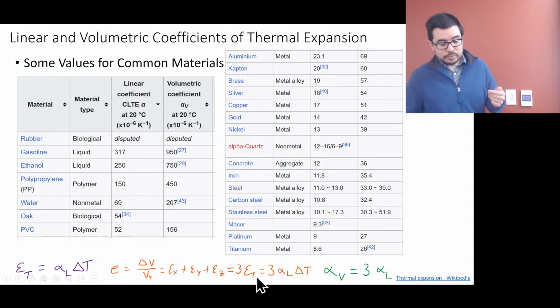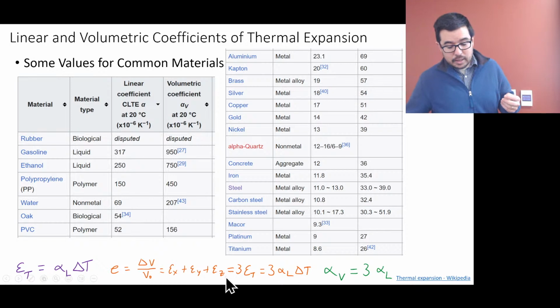What do we see? If you want to describe the volumetric change, I plug in alpha V here, or I plug in alpha L here, and I get 3 times 1/3.